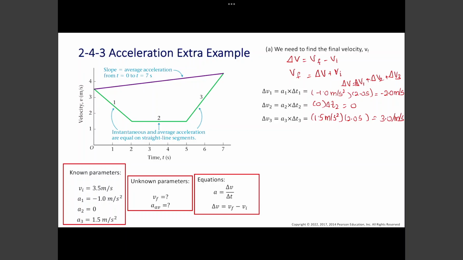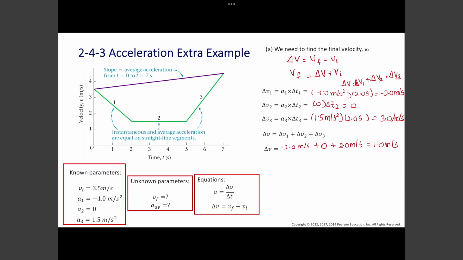Now we can find delta V, which is equal to delta V1 plus delta V2 plus delta V3. So the answer is minus 2.0 meters per second, delta V2 is 0, delta V3 is 3.0 meters per second. So the answer is 1.0 meters per second.